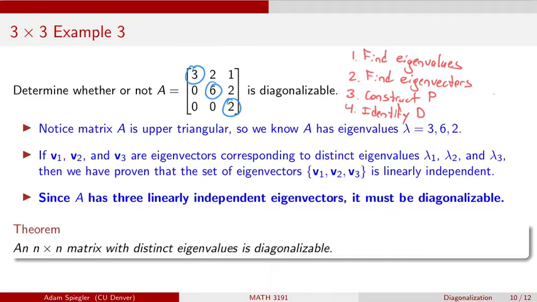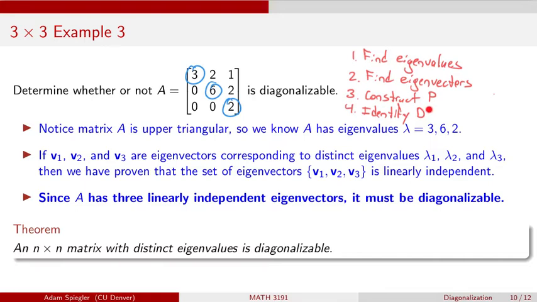So we see a really nice result here, which we can generalize, which is an n by n matrix with n distinct eigenvalues is going to be diagonalizable. So we had a 3 by 3 matrix in this case with 3 distinct eigenvalues, and that is enough to conclude that A is going to be diagonalizable without even identifying the eigenvectors.